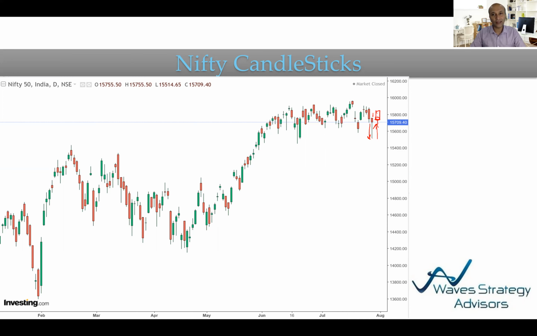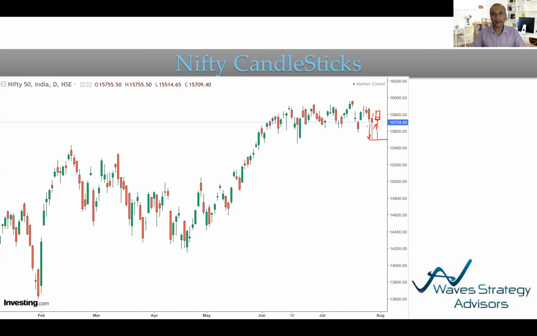If we break the low of today's candle, it will be a warning sign, because then it will look like the bears have started taking control back. But so far we can clearly see that yesterday's break on the downside was a false break, and prices rallied sharply back on the upside, and stock specific movement has continued.